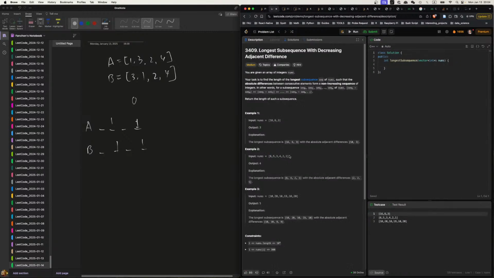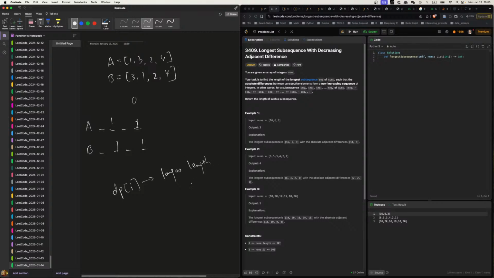Alright, so we had an idea for this yesterday, so let's try it. Honestly, I forgot what the idea was. Okay, so it's a subsequence. So the idea is we'll use DP to find the longest length of subsequence ending at nums i.